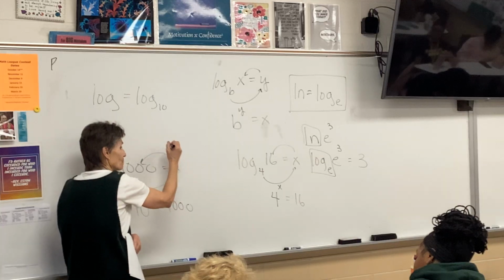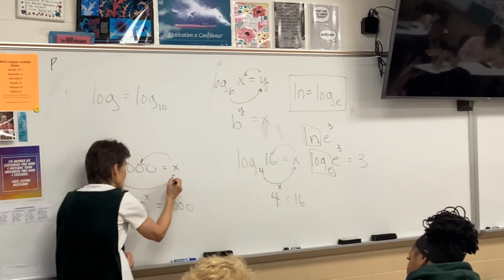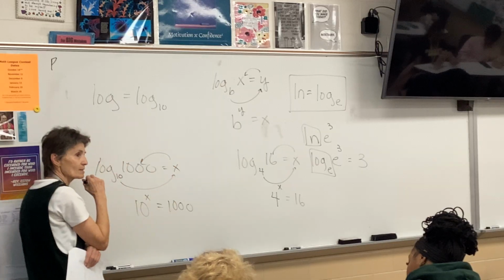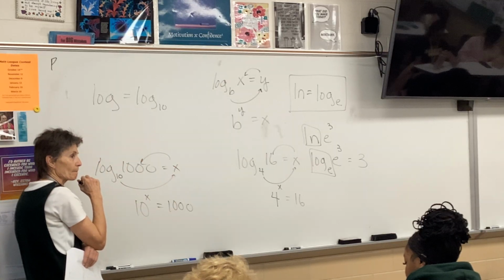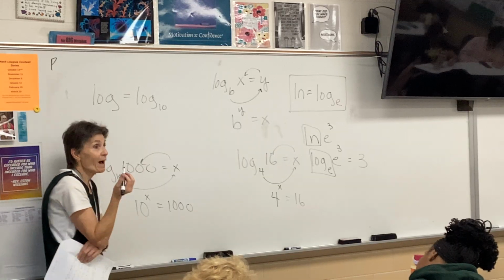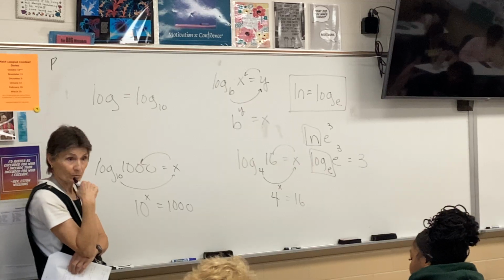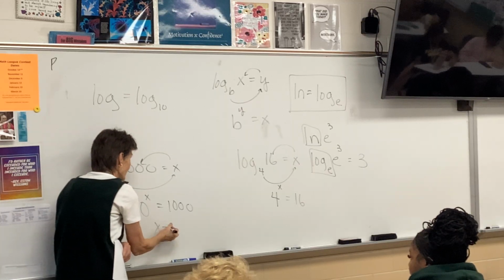10, loop-de-loop. This motion right here, loop-de-loop. 10 to the x equals 1,000. Well, then you have to know your powers. 10 to what power is 1,000? 3. So your answer is 3.